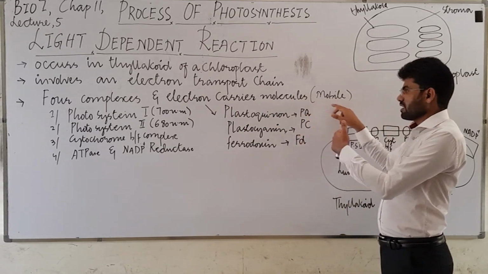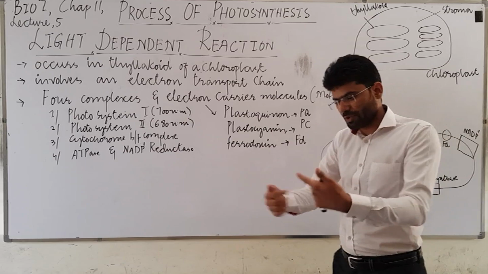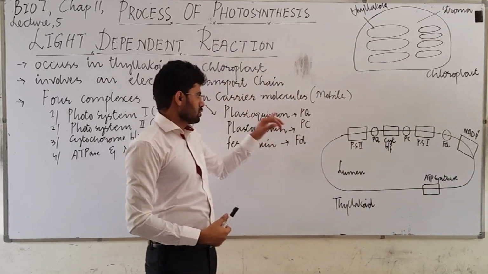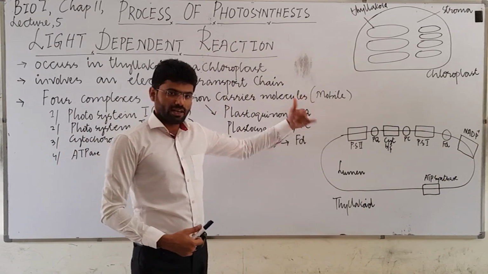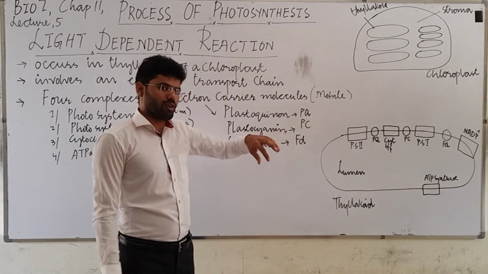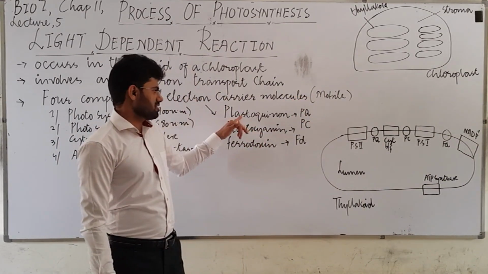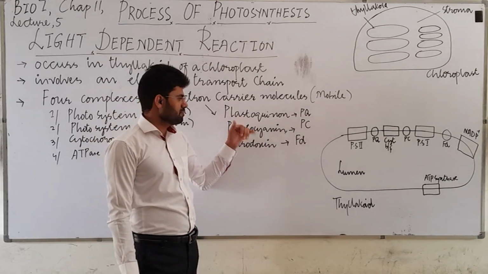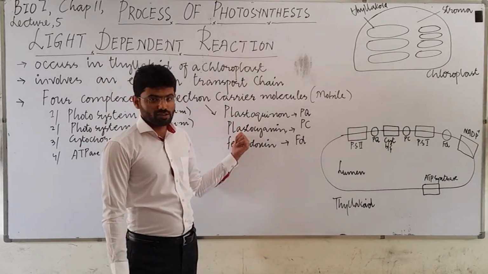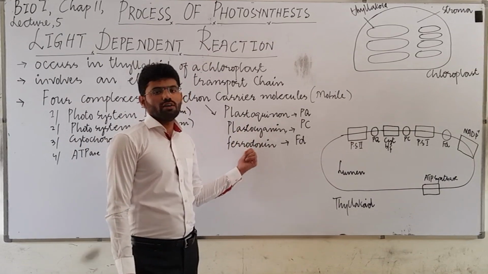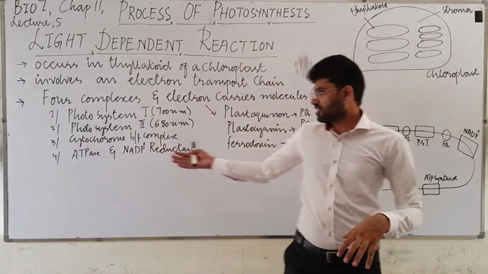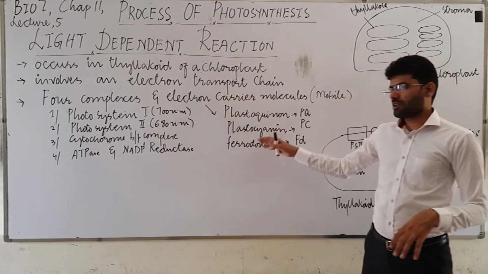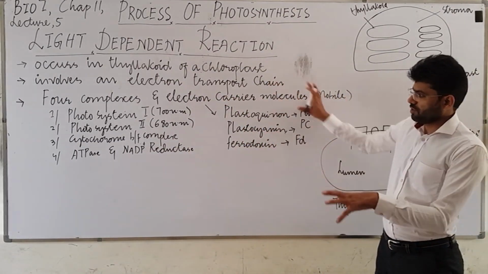The word mobile means able to move from one place to another. They are of three types. The first one is called plastoquinone. The second one is called plastocyanin. The third one is called ferredoxin. These three are the electron carrier molecules. So I hope you have understood.